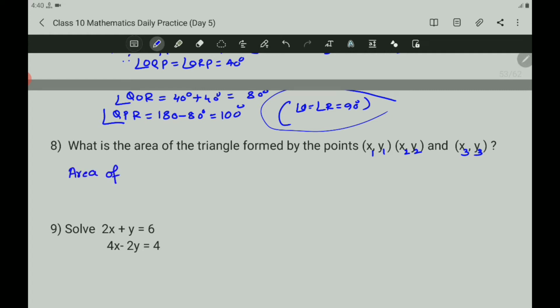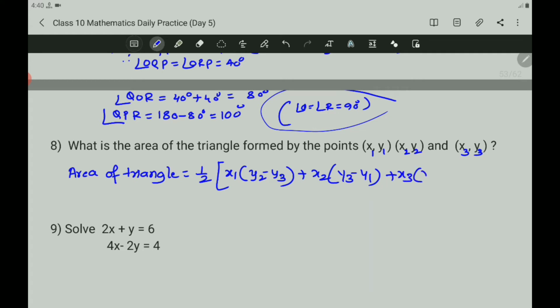Area of triangle equals 1 by 2 into x1 into (y2 minus y3) plus x2 into (y3 minus y1) plus x3 into (y1 minus y2).